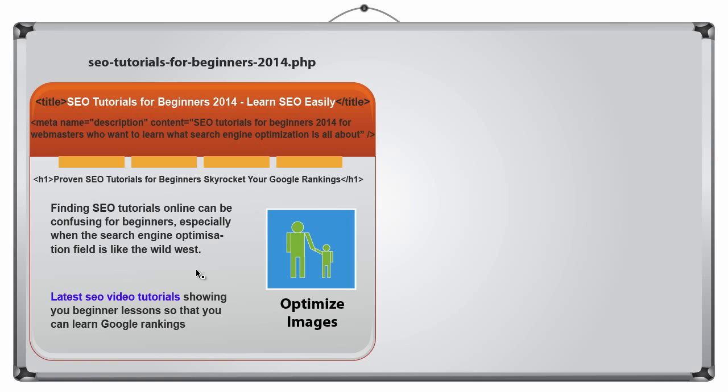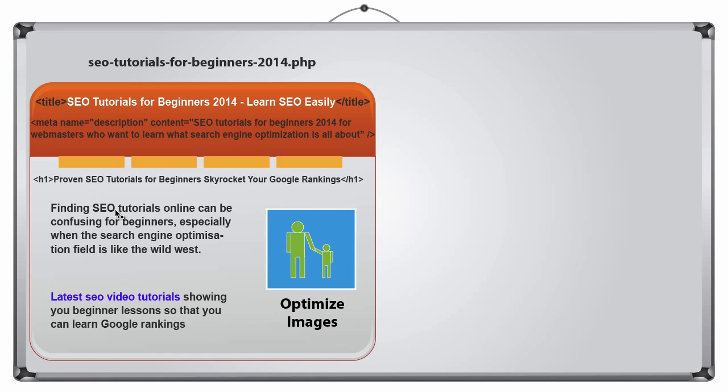So web copywriting means include your keywords within your copy and do so intelligently, meaning that if you're targeting, let's say, this keyword, SEO tutorials for beginners 2014, what you can do is find related terms. In this example, search engine optimization is another word for SEO.